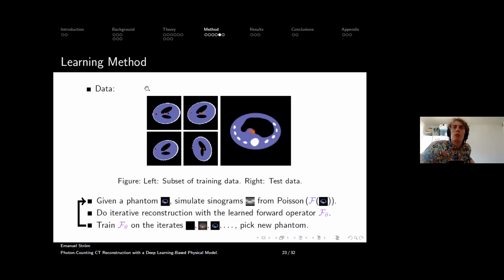That was the paper by Simon Arridge and Carola Schönlieb, I think they were from Cambridge. So basically you generate reconstructions with your learned forward operator, and then you train on those reconstructions, and then you repeat that process over and over again. I hope that answered your question.